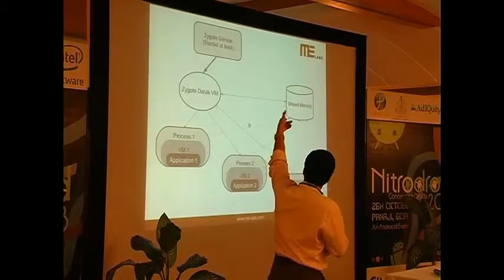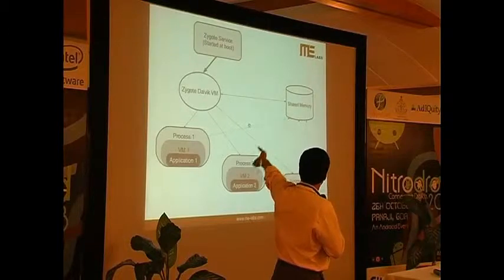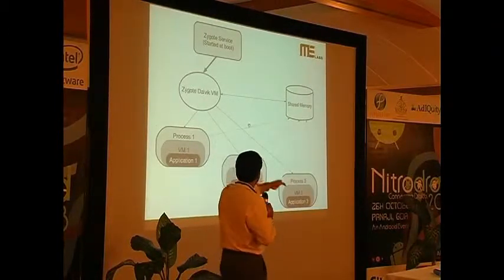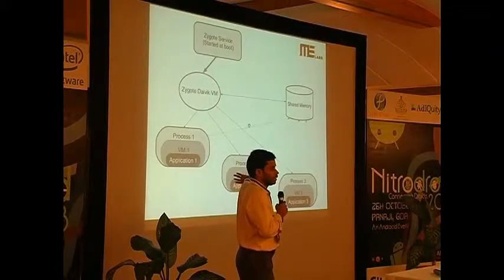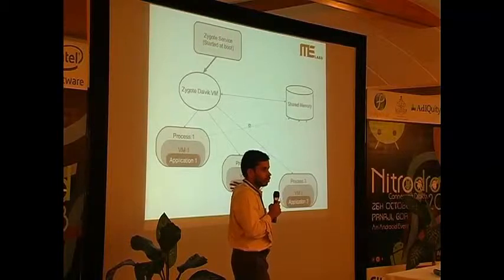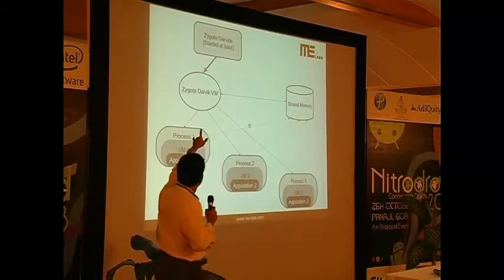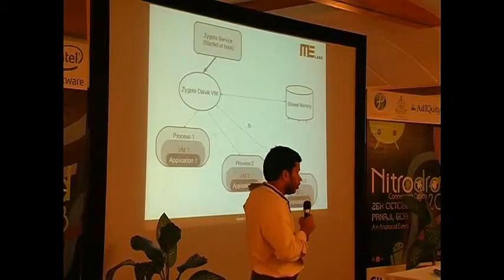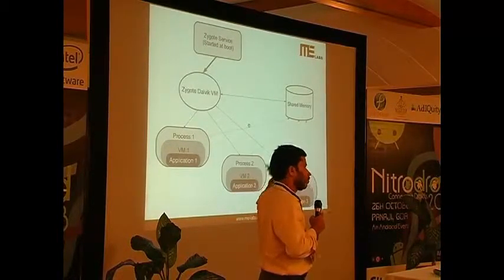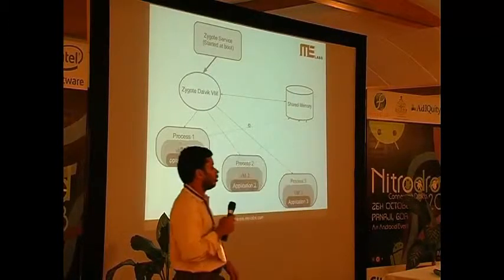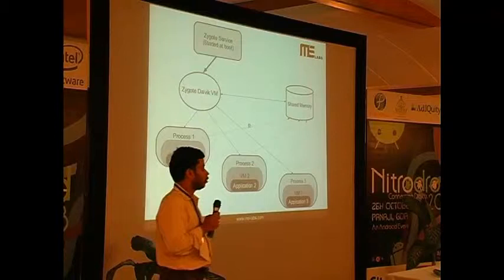Then it initializes various WPMs. Inside that we have process 1, process 2, process 3, which can be applications or services, and they have shared memory to manage the application on top of the OS.